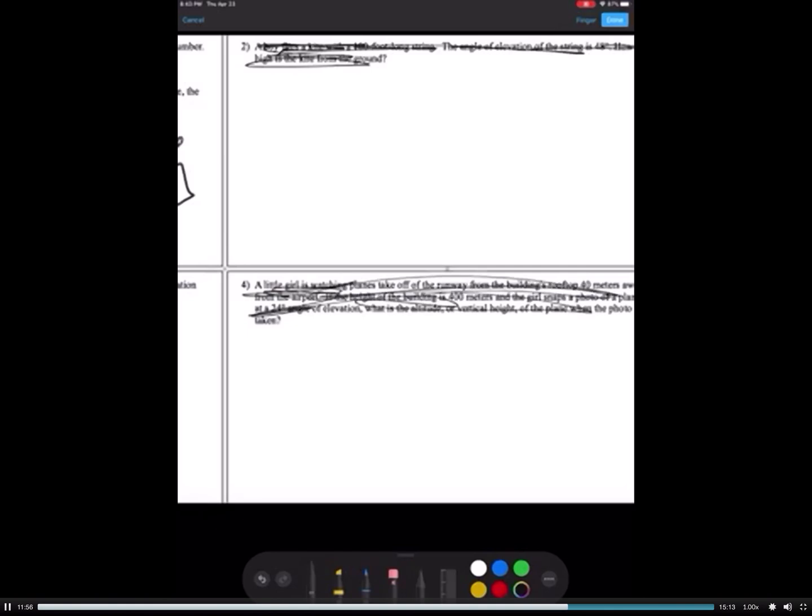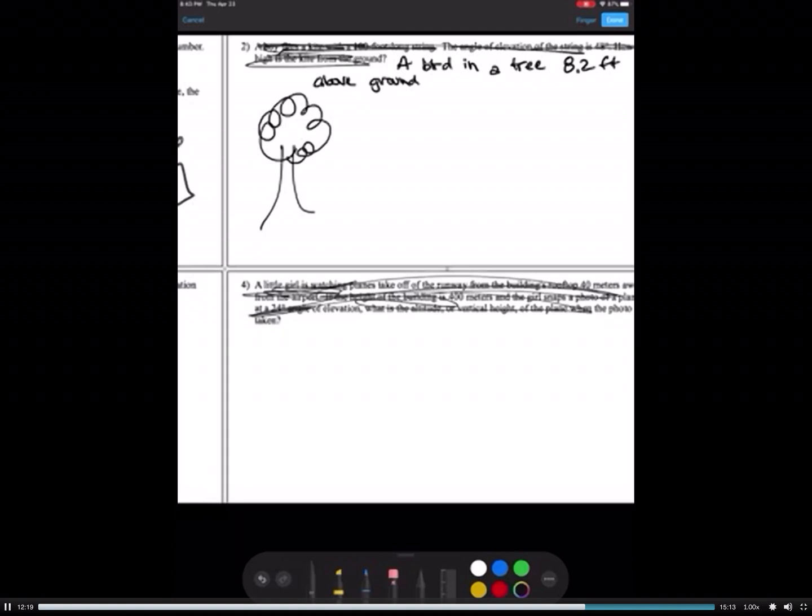Okay, we're going to talk about a bird in a tree. So here's my tree. A bird in a tree. Okay, he is 8.2 feet above the ground. Okay, so here's my little Tweety bird. Let's do him in a different color so we can see him. Okay, there's my bird.